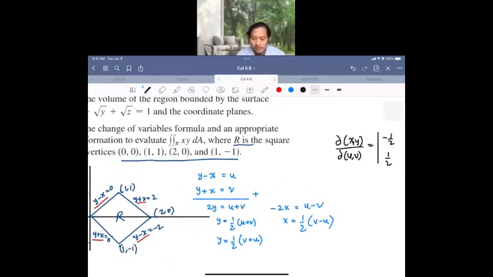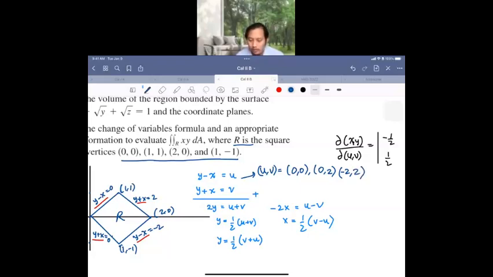Now, from this transformation of u and v, we could write down the vertices for uv. So y minus x: 0, 0 stays 0, 0. 1, 1 becomes 0 and 2. 2, 0 becomes negative 2 and 2.